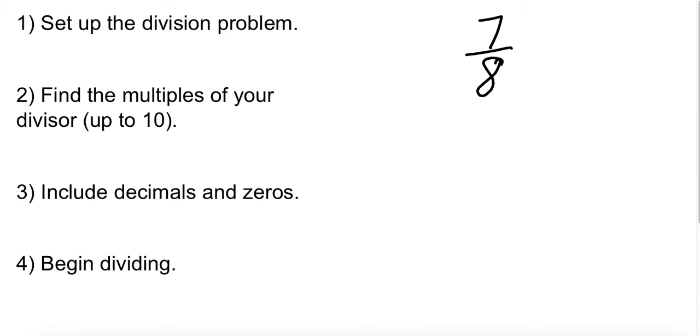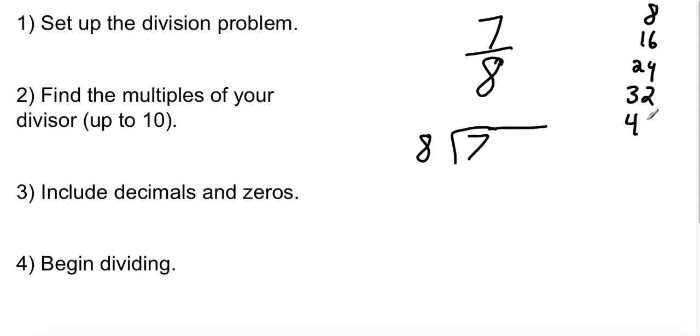Now our last example is a little bit more complex, so we're definitely going to want to do the multiples here. So I'm going to have 7/8. I'm going to include my multiples on the side, so 8, 16, 24, 32, 40, 48, 56, 64, 72, and 80.